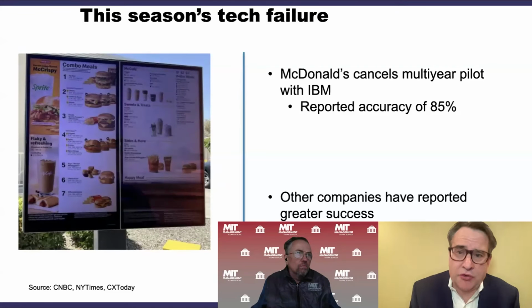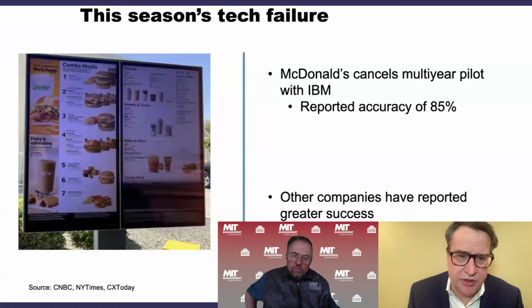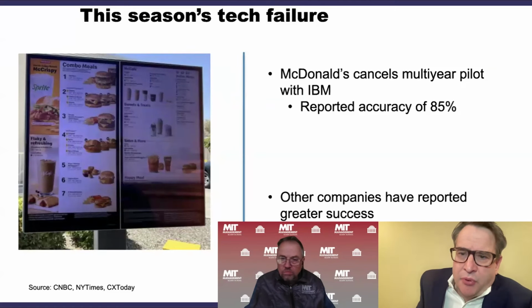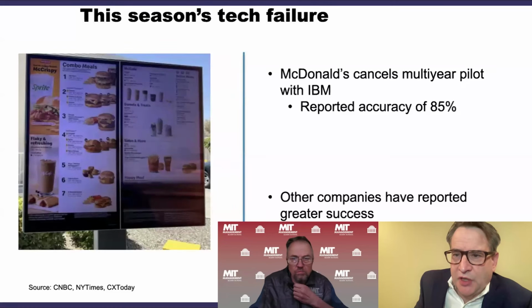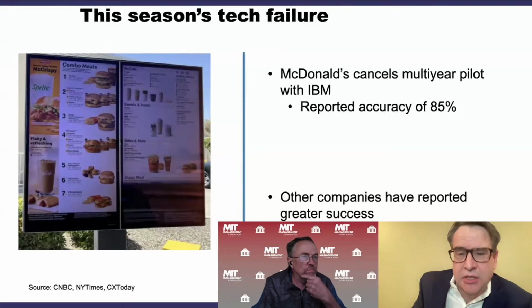And most recently, we've been given this example by McDonald's. They had a multi-year investment with IBM, and they literally shut down this entire program for artificially intelligent drive-up menus. The reason: the reported accuracy of transcription was only about 85%, which, as you can think, is catastrophic for any sort of line or queuing management in the service industry.